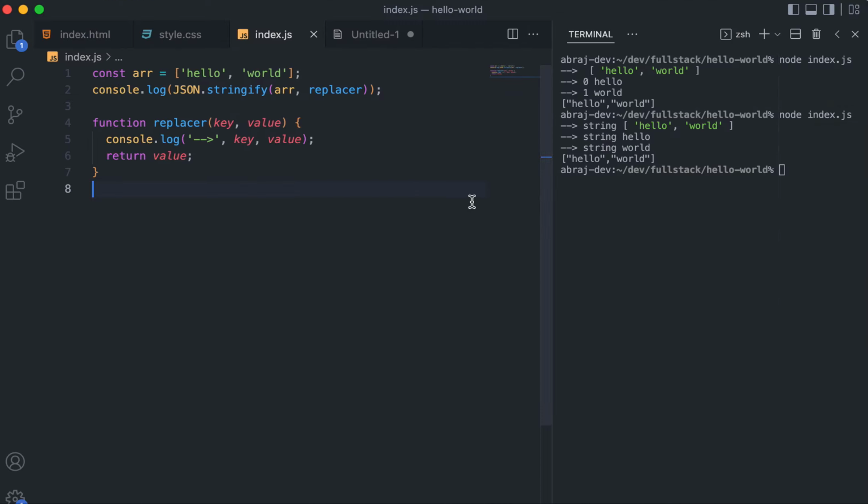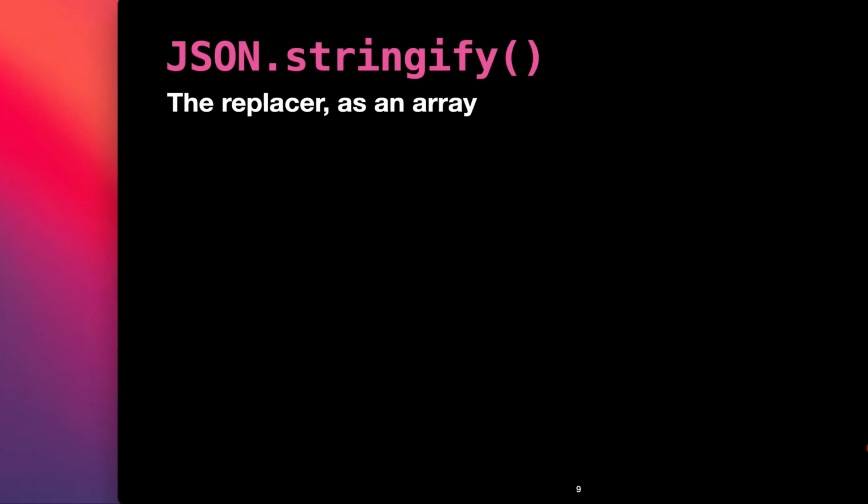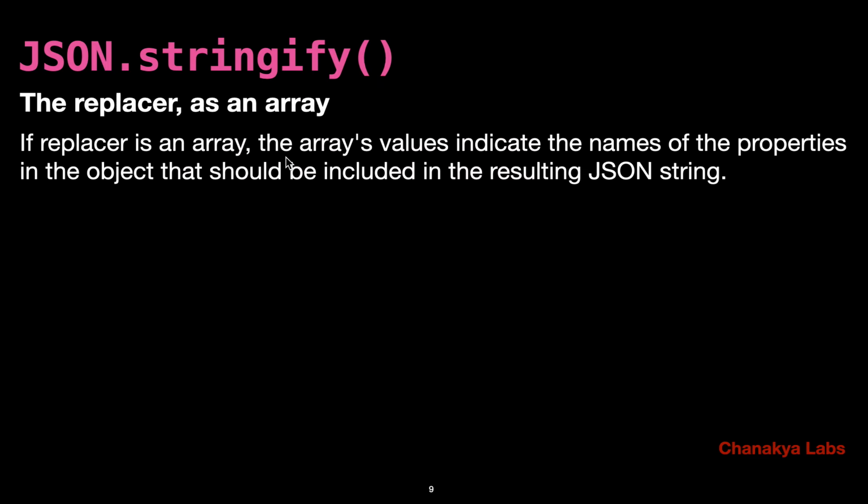Now, one final thing about the replacer function. Actually, this second argument, rather than being a function, can also be an array, and it has a special meaning. If the replacer is an array, then the array's values indicate the names of the properties in the object that should be included in the resulting JSON string.